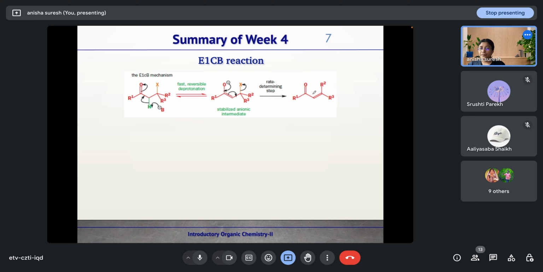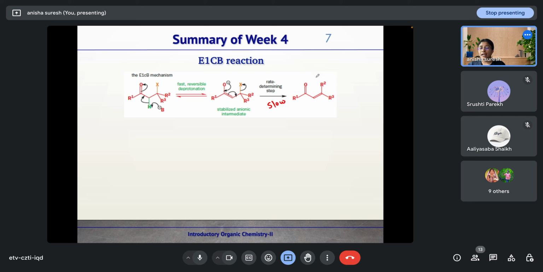It will lead to formation of alpha beta unsaturated carbonyl compounds. The first step, where the formation of enolate takes place, is a fast step and it is reversible. It can lead to formation of the starting material back. And this stabilized anionic intermediate will convert into the alpha beta unsaturated ester. This is a slow step and it is the rate determining step.